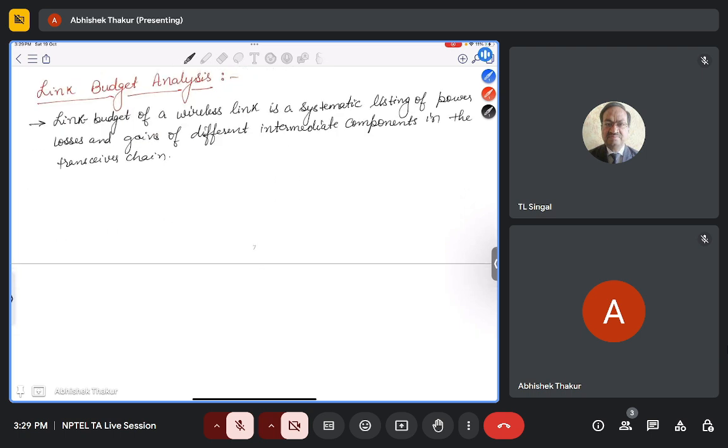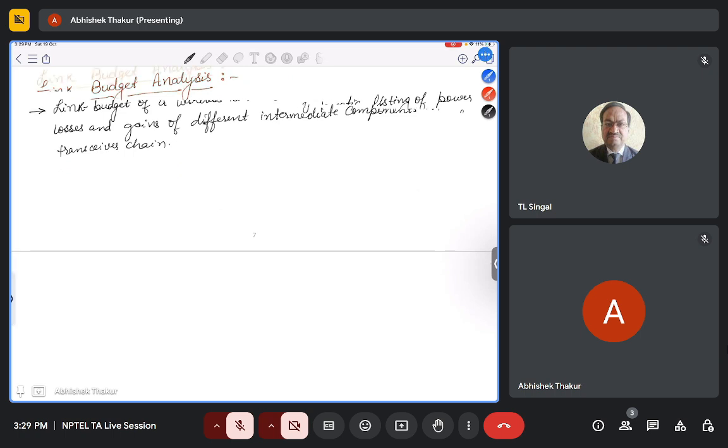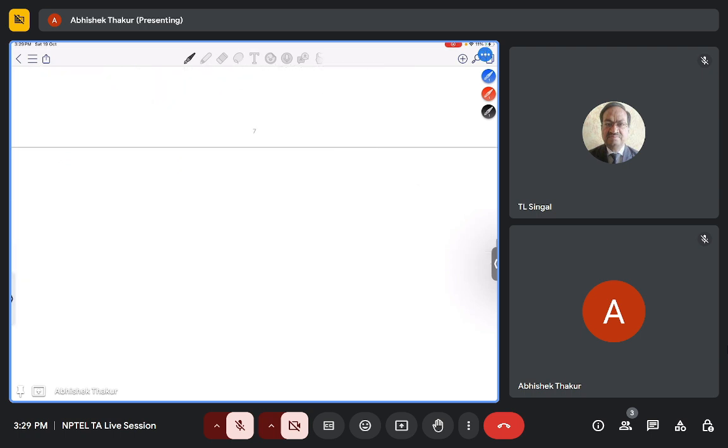So here there will be various additive and negative components. We will see all these components first. In the first column we will take all the components, then the symbol, and then whether it is additive or negative.